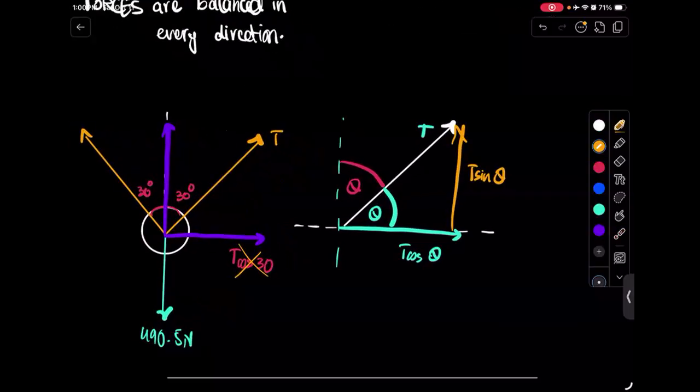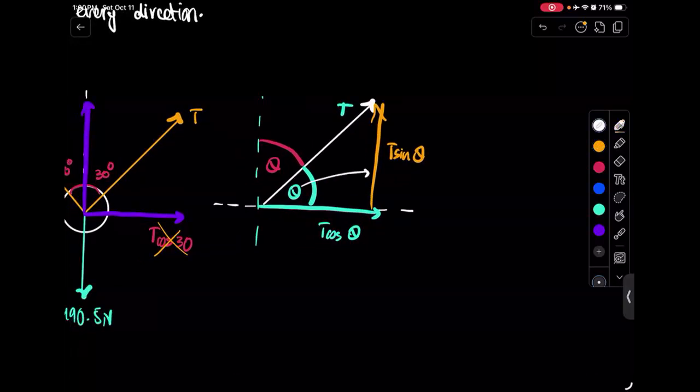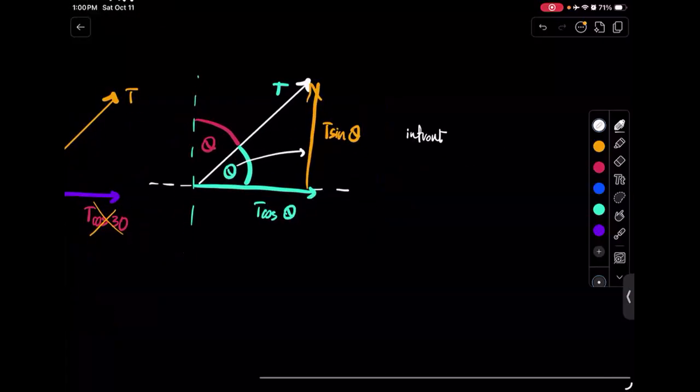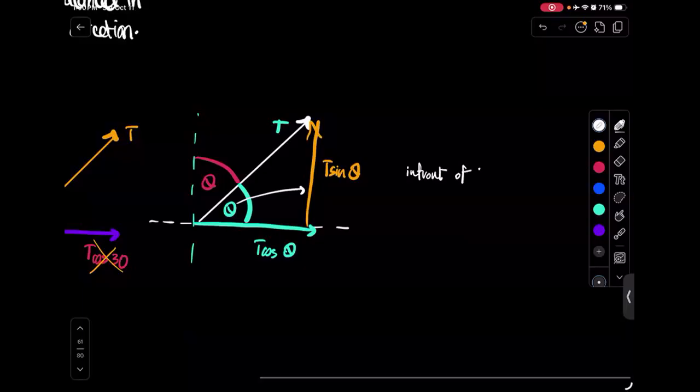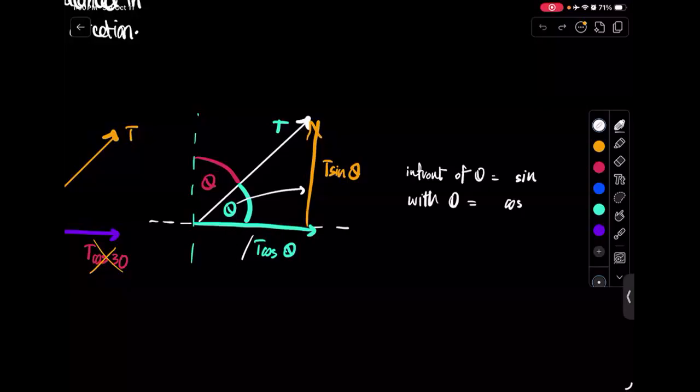What I want you to remember is the key that's always true: in front of the angle, in front of theta, it's always sine, and with theta, it's always cos. So the adjacent is always cos and the opposite is always sine.